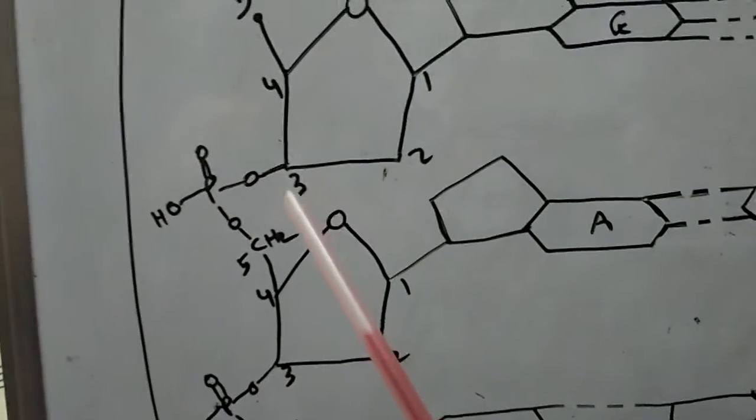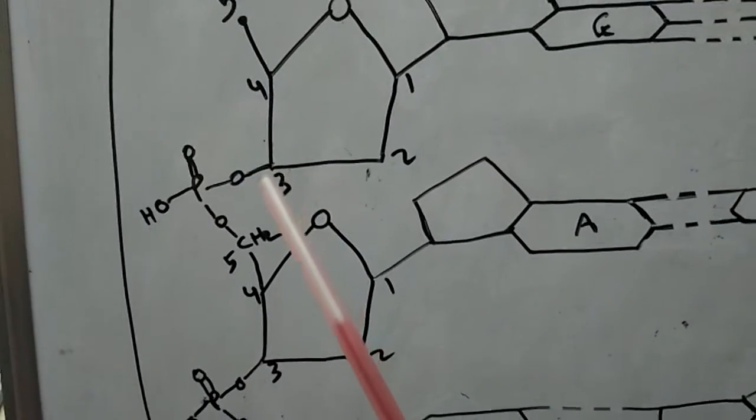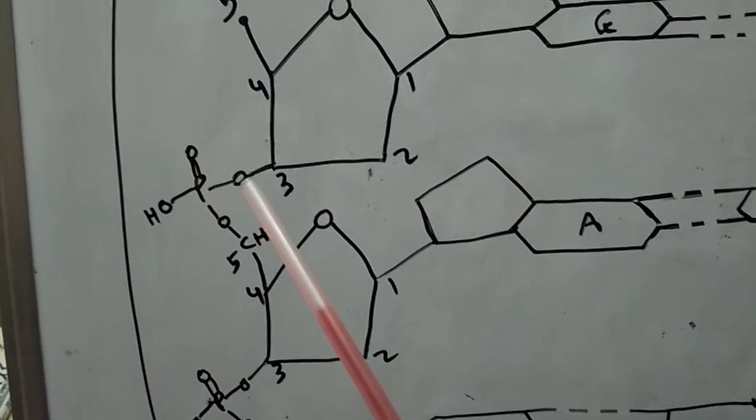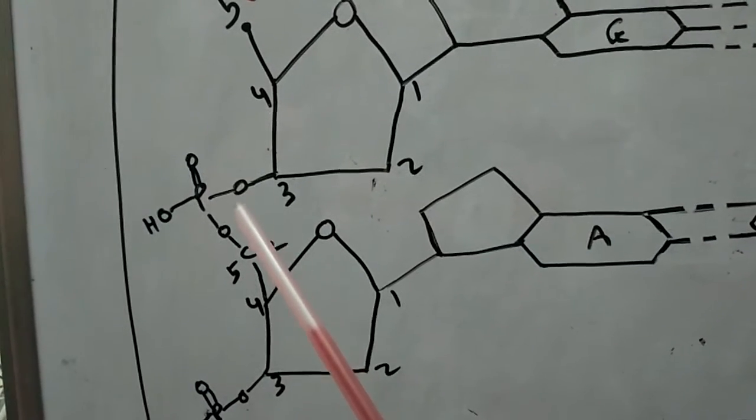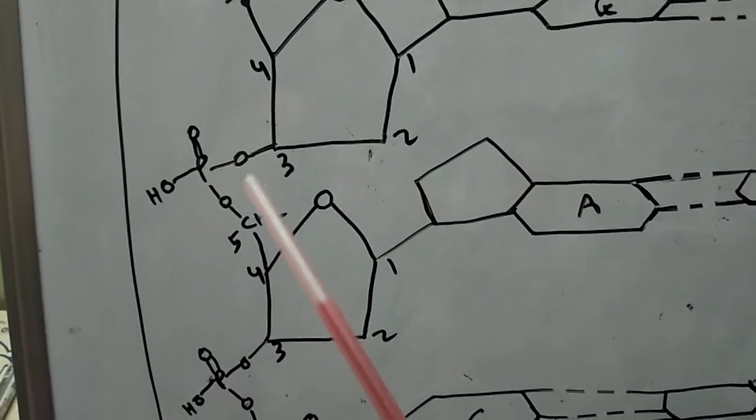So on carbon number 3 we have attached one of the oxygens like this to give phosphodiester linkage.